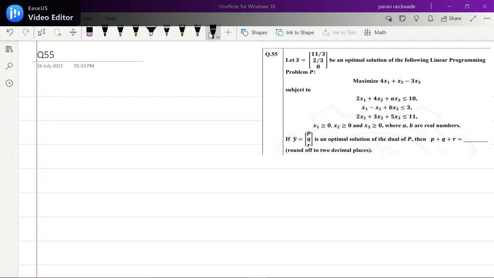Okay, so there are a lot of things needed in here. We will try to get that step by step. So first of all, what is given to us is the optimal solution is x1 equals 11/3, x2 equals 2/3, and x3 is 0.